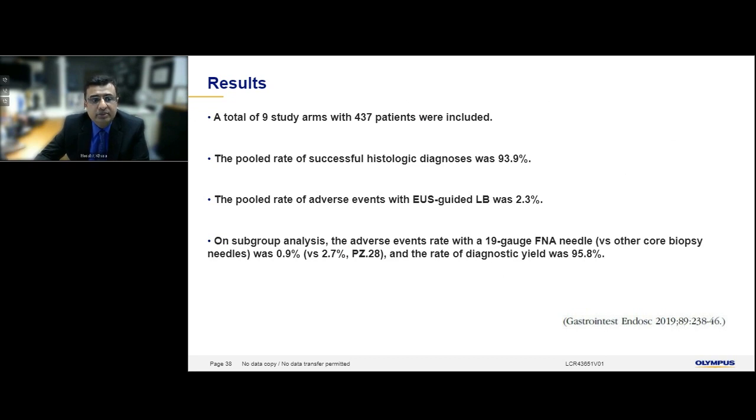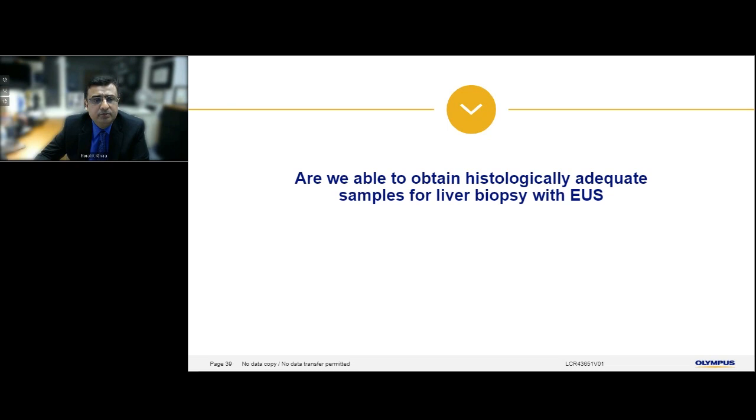And in a subgroup analysis, they saw that the FNA needle adverse event rate was lower, and the diagnostic yield was 98%. So the question that we come down to is, are we able to obtain histologically adequate specimens for liver biopsy via EUS-guided technique? And the answer is definitely yes, and I hope I've been able to convey that based on the clinical experience and the data that we've been able to publish and gain so far.